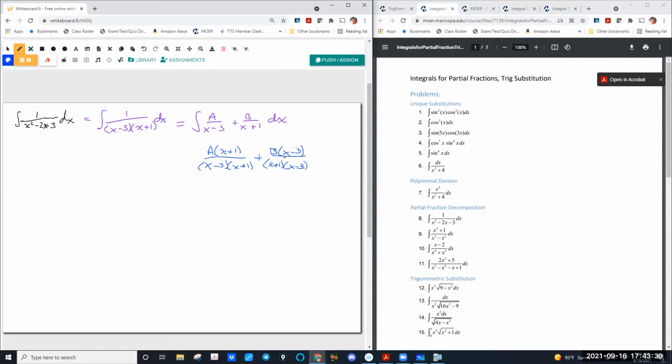Okay, this is back to your algebra days. Find a common denominator. Now we can add the fractions. And we want this to be equal to 1 over x minus 3 times x plus 1.